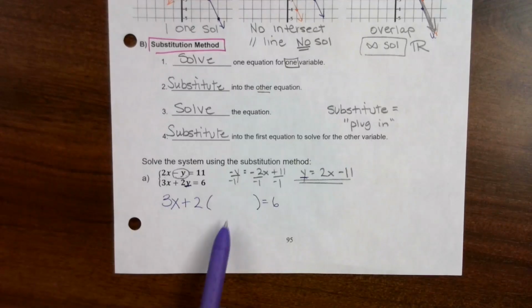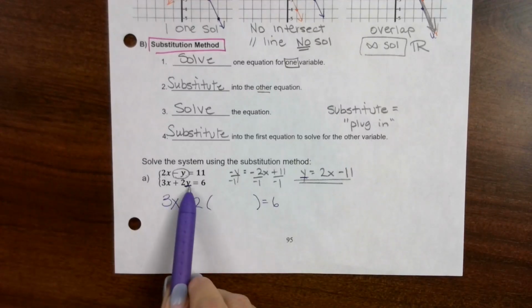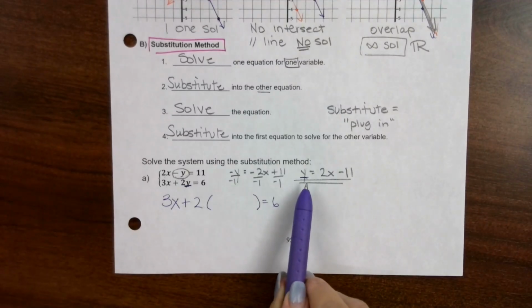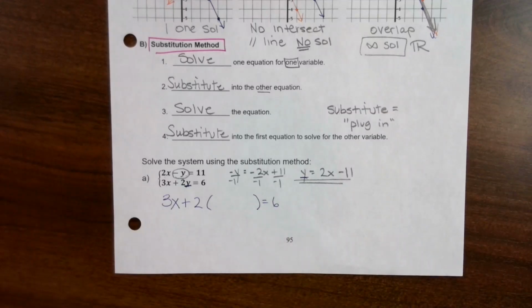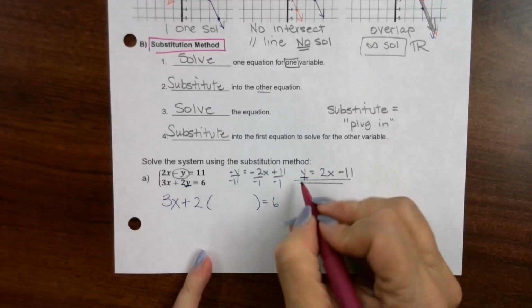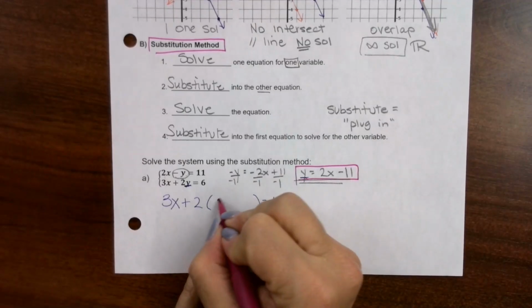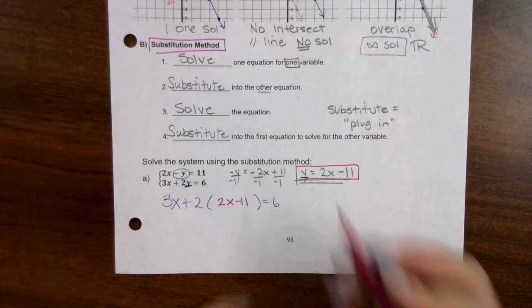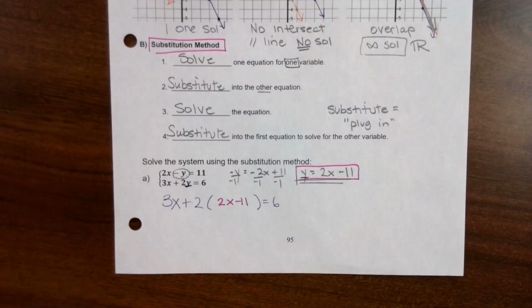If this is y, where I put parentheses is the y in this equation. I did that for y because this equation is already y. So now I'm going to take this and plug it in. I just substituted y in for this y, and this is what my equation looks like.